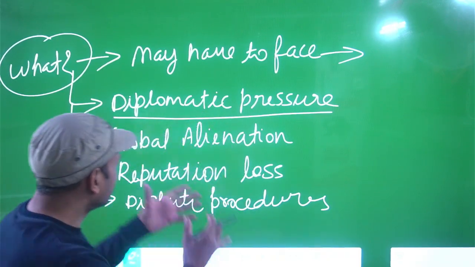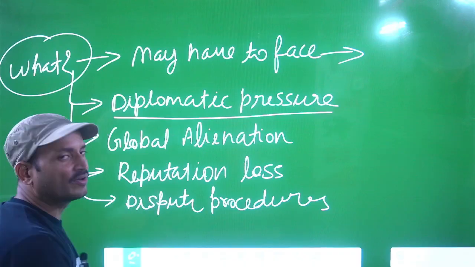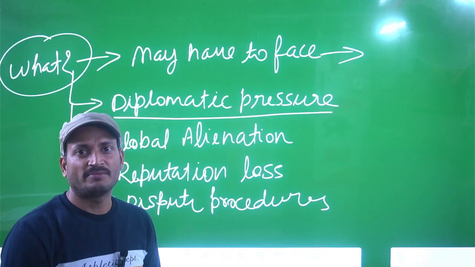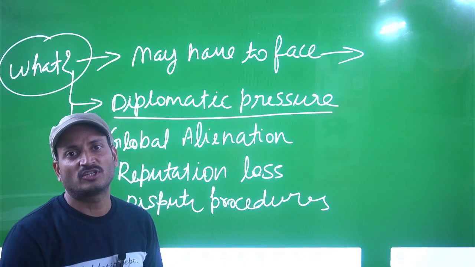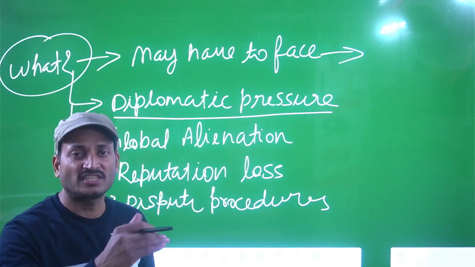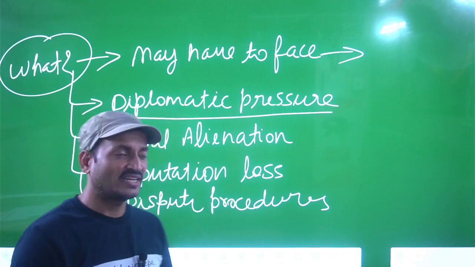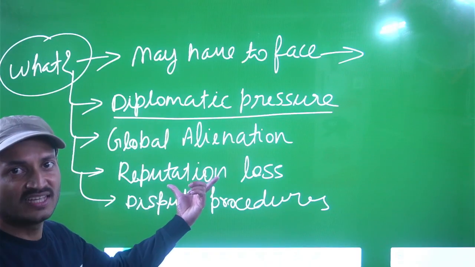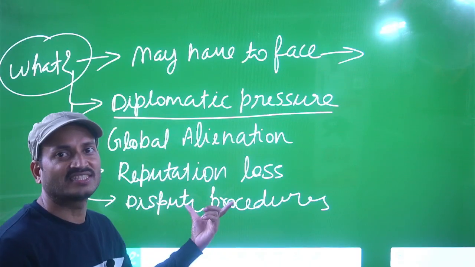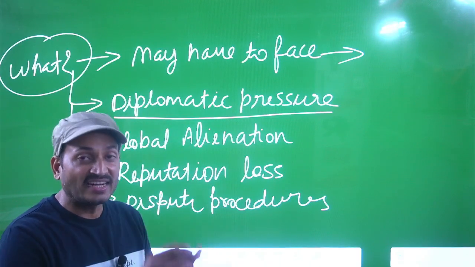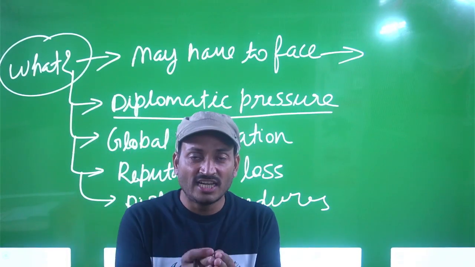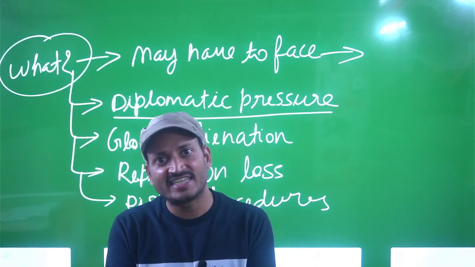So these are the kind of consequences a country which is flouting any of the treaty provisions, and is a party to that particular treaty, may have to face at the international level. And that's how the legal restrictions of a treaty are ensured.